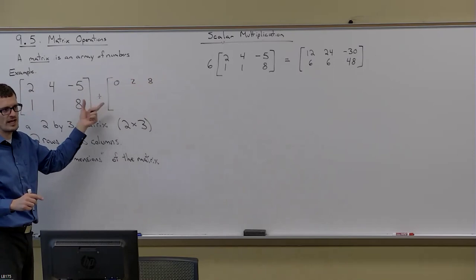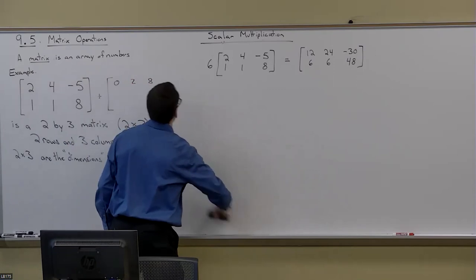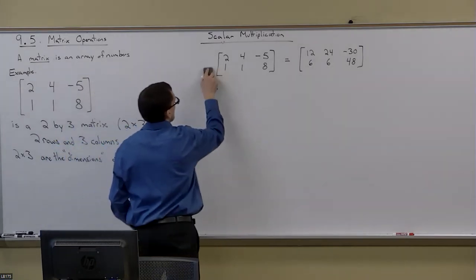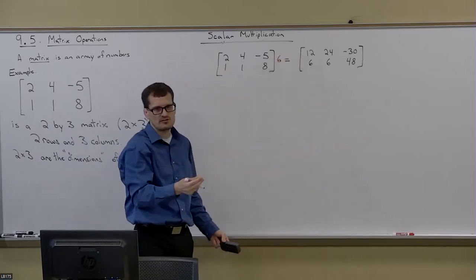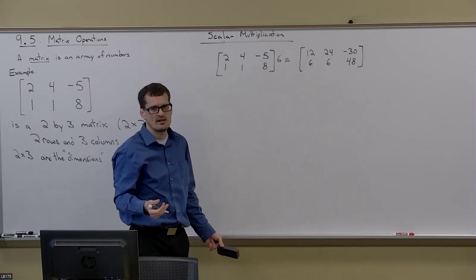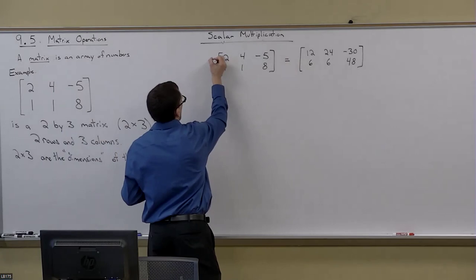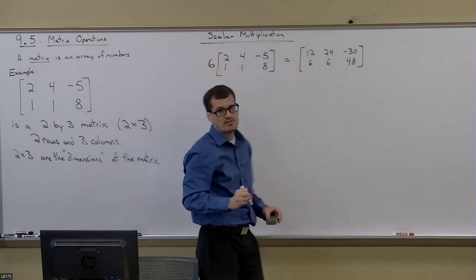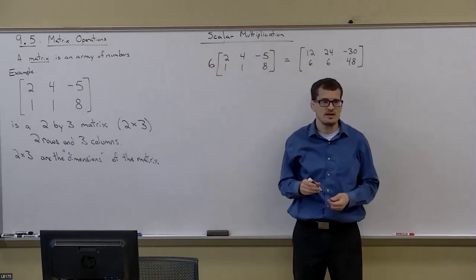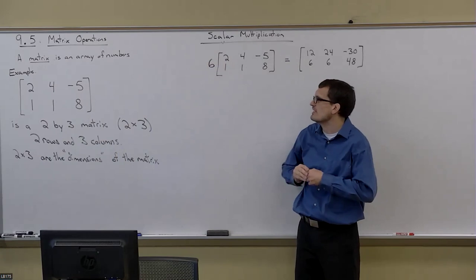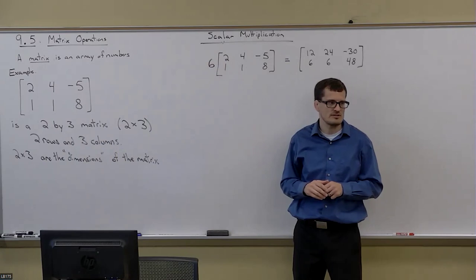Doesn't matter which order you add them in, right? Scalar multiplication is the same way in that if I take a matrix and multiply it by 6, or take 6 times the matrix, it means the same thing. So there's a commutativity about scalar multiplication and about addition that we have. I point that out because the next operation that we're going to do is not going to be commutative. It's going to be really different.